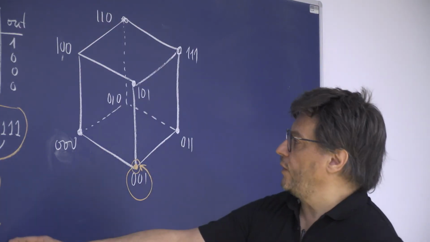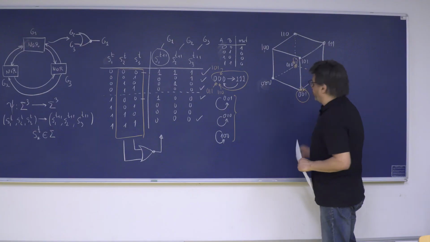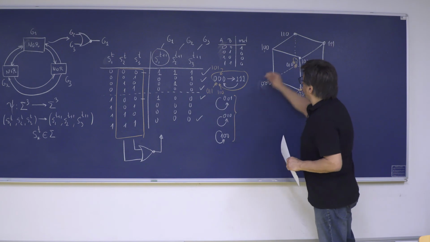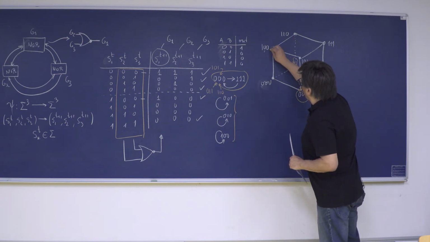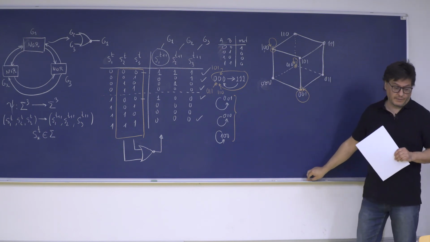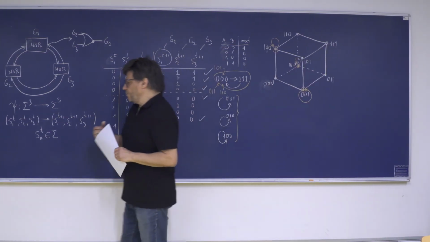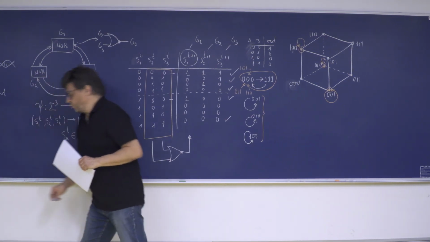I have the 0, 1, 0. Okay. I have the 1, 0, 0. Right, my simple attractors.